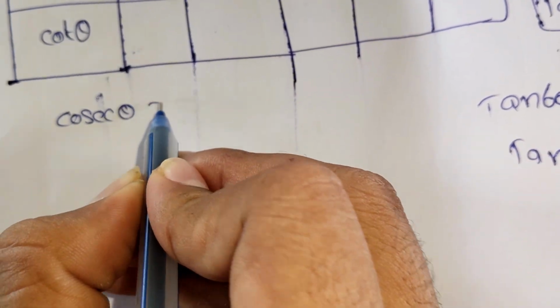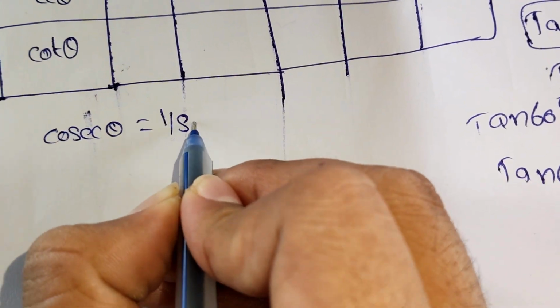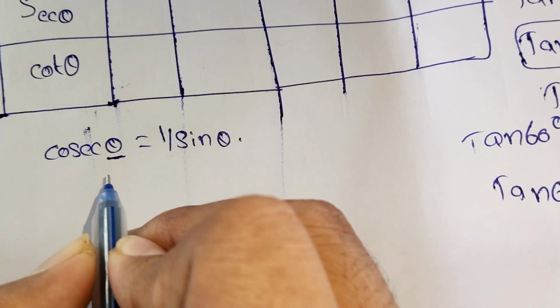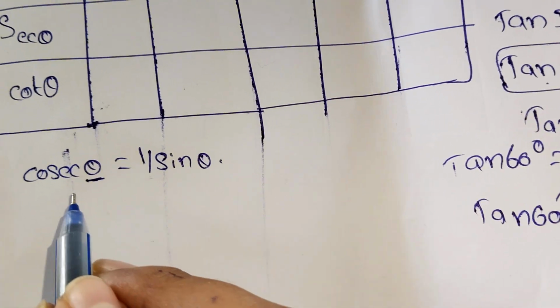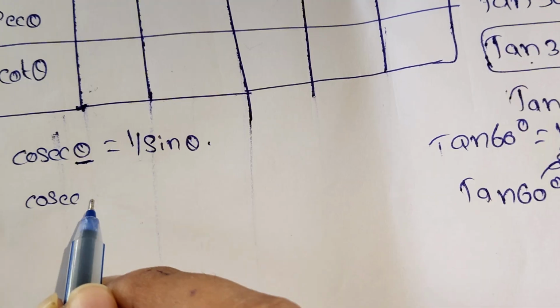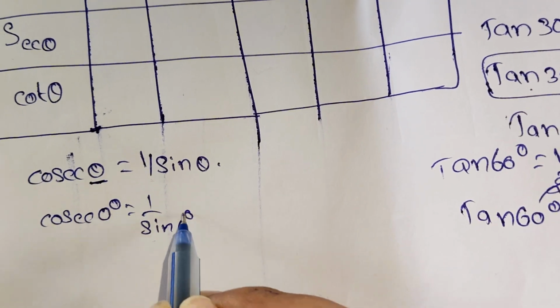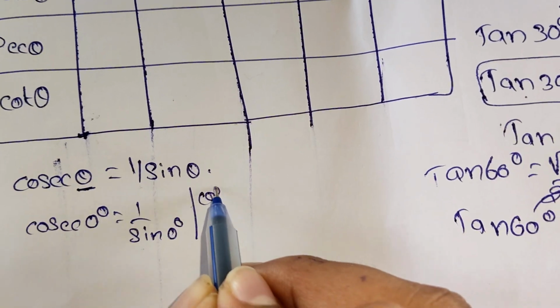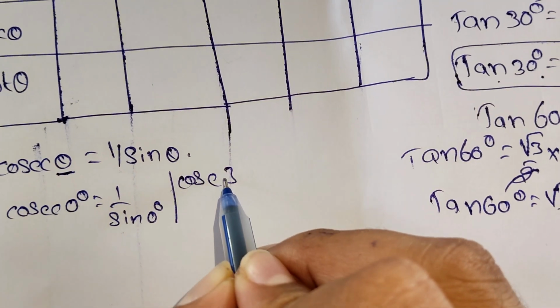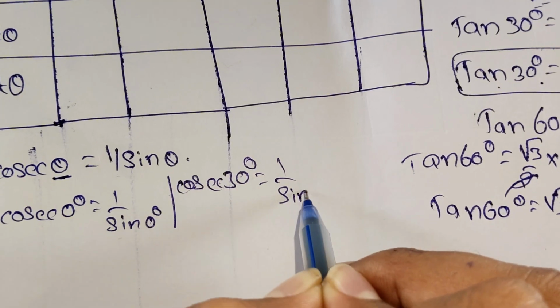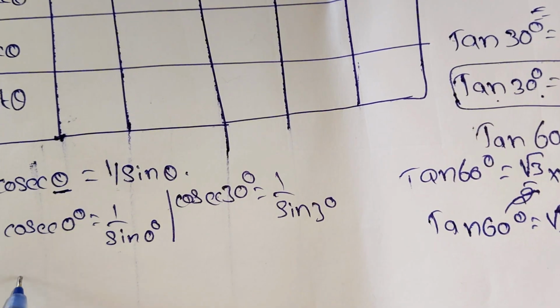Cosecant theta equal to 1 by sin theta. Now replace theta values 0 degrees to 90 degrees and we get cosecant 0 degrees equal to 1 by sin 0 degrees. Cosecant 30 degrees equal to 1 by sin 30 degrees.